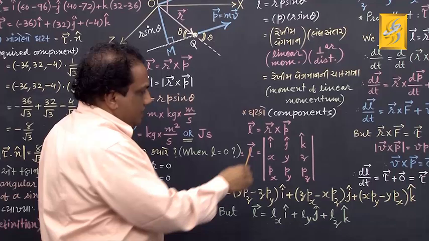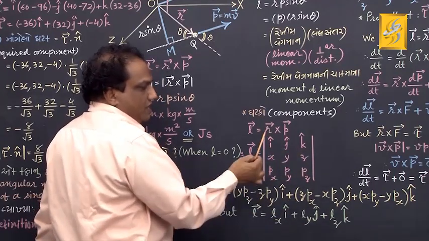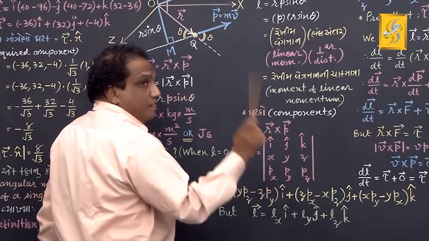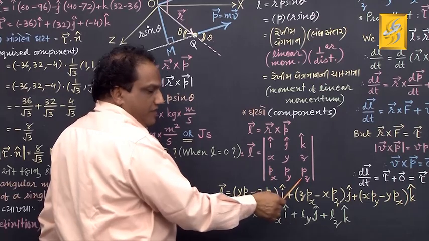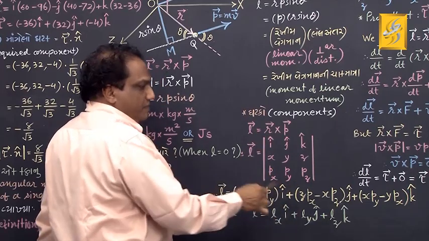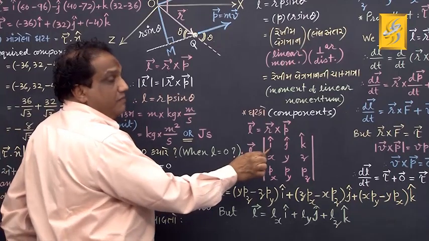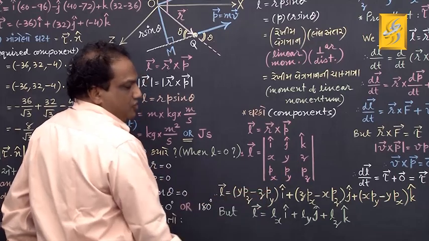Similarly here, a 3 by 3 determinant: i hat, j hat, k hat, the 3 components of vector r, they are x, y, z, and the 3 components of vector p, px, py, pz. Fine. And now expand this. You know how to expand it? With i hat, what will be in multiplication? This into this minus this into this. Come on, speak out.